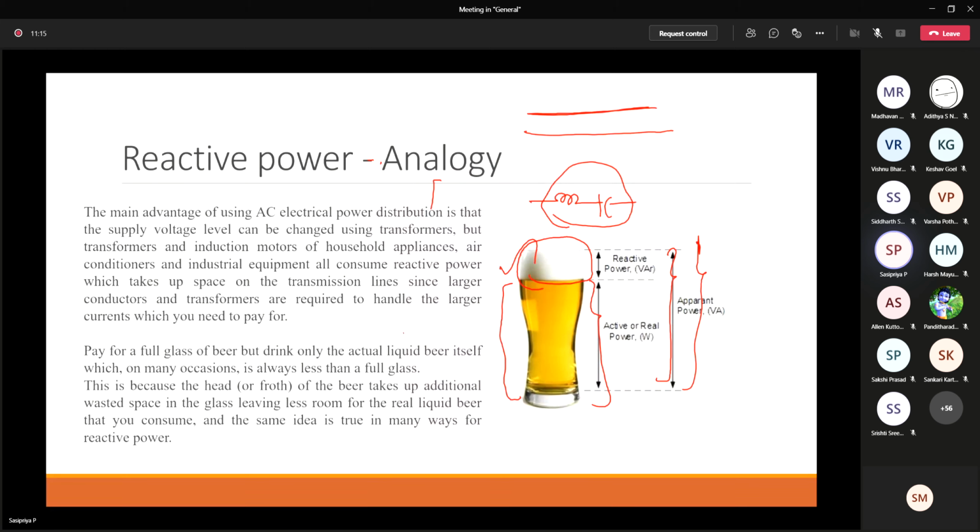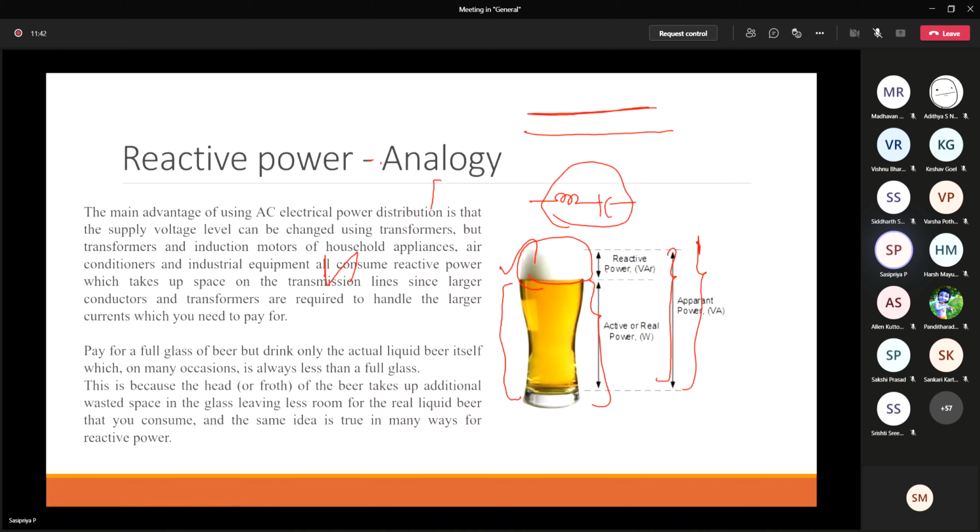So as your reactive power increases, we need larger conductors and larger transformers to handle these larger currents, which we need to pay for. This reactive power is just transferred between the supply and the load. So when you have higher reactive power, our electricity bill is going to increase.